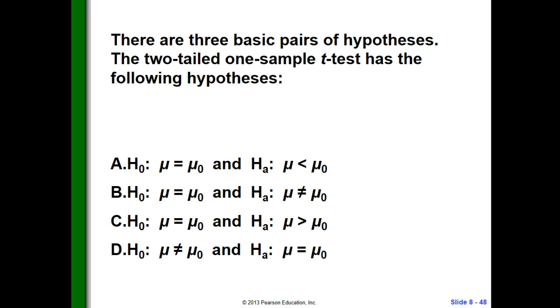There are three basic pairs of hypotheses. We always have the null hypothesis equal to mu. The two-tailed test can be right either way, and so that's going to be B. B is mu is equal to mu zero, and mu is not equal to mu zero, so there's two ways that can be true.